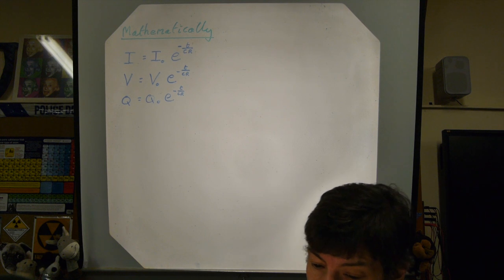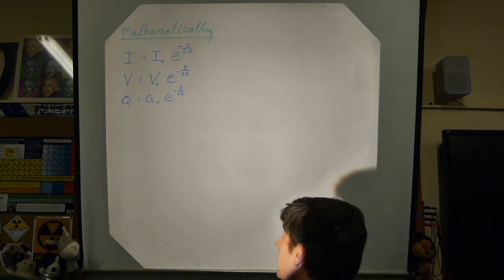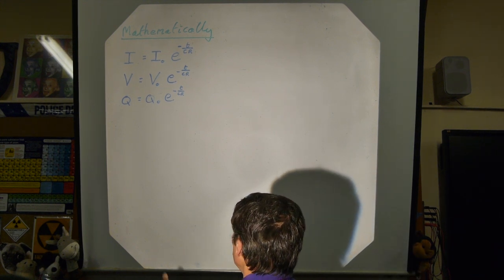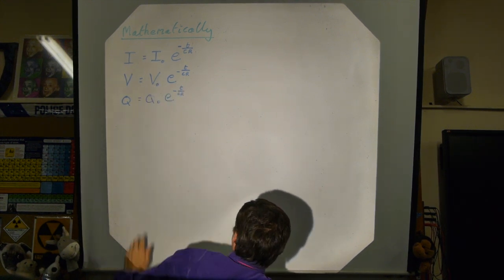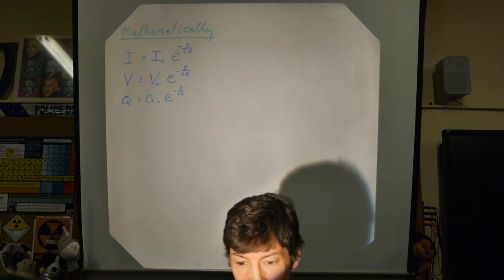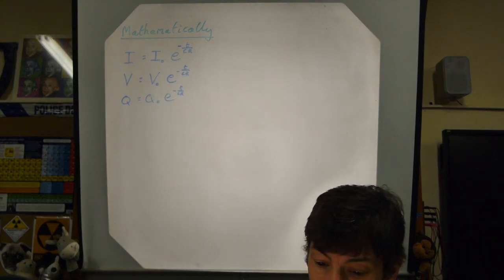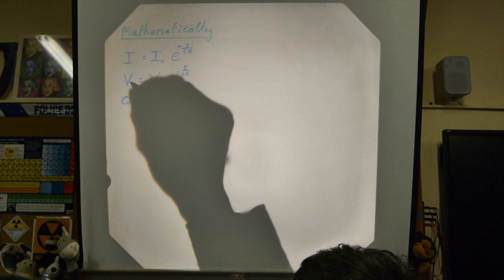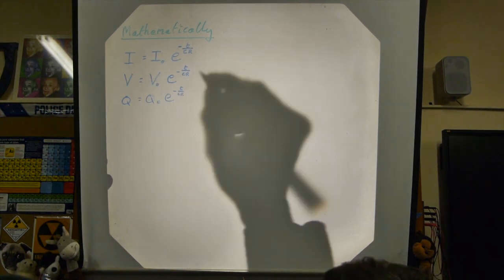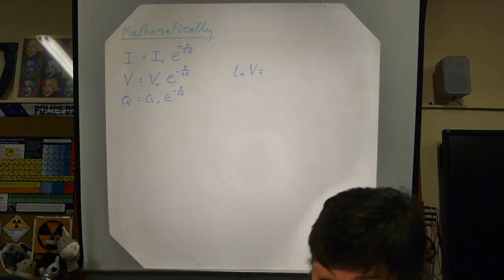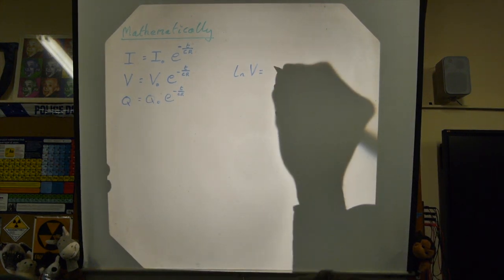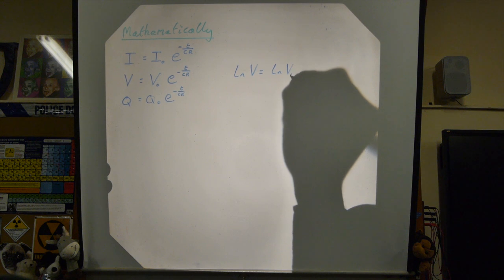Now, there's just one other thing I'd like to note. If you have to work out values of t or CR, this is a little bit fiddly. So you've got to get rid of the e, so you take logs of both sides. I'll do the voltage one. You take a log of this side, so the natural log of the voltage will be the natural log of the starting voltage.